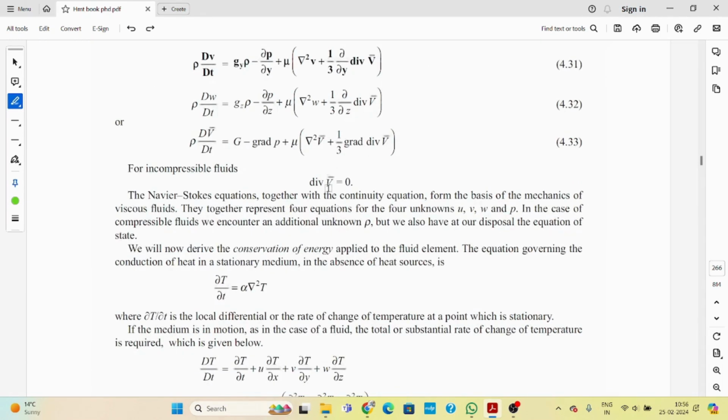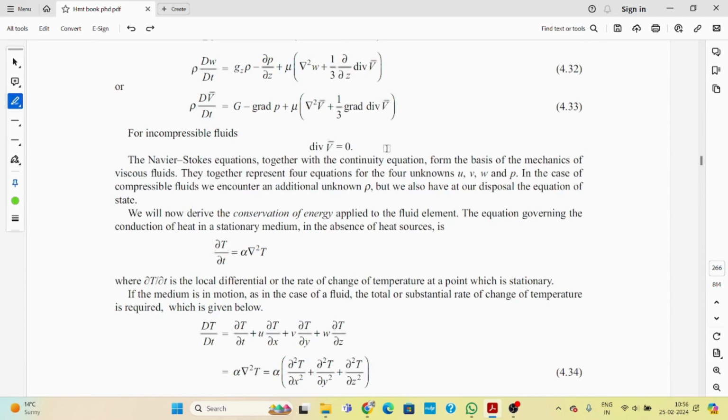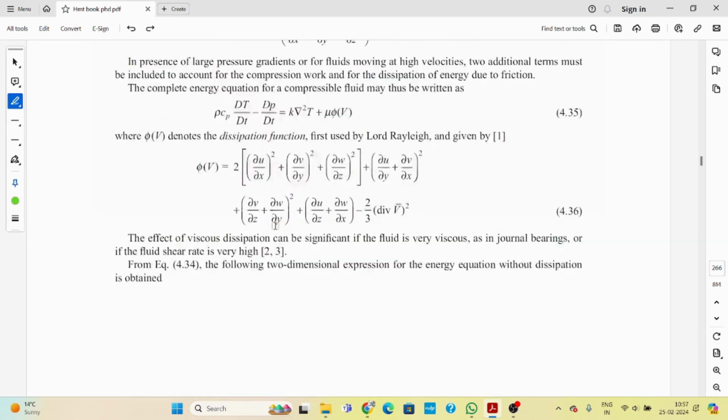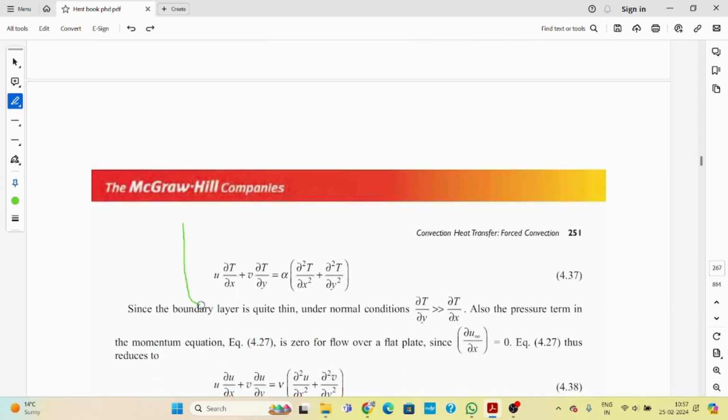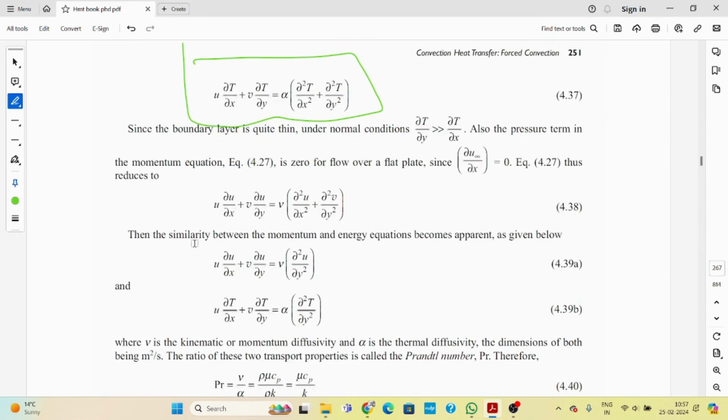For incompressible fluid, divergence of V is equal to 0. This is important. The conservation of energy equation is also important, but as per your subject, I don't think this is important. But if you can remember this equation, see the energy equation. This equation is important.